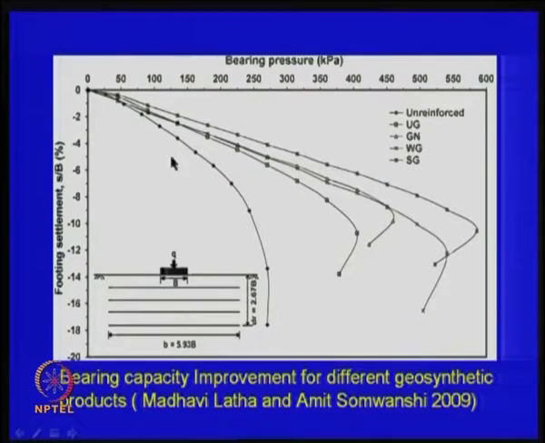So, for example, you can see clearly even the settlements, because the moment you say that there is an improvement in bearing capacity like this, there is also a reduction in the settlements. Like say for example, if you just go to this level of 150, you can definitely see that at that 150 bearing pressure there is a little higher settlement, whereas in this case it is lower. So, one can make it even very stiff, like it can be like this.